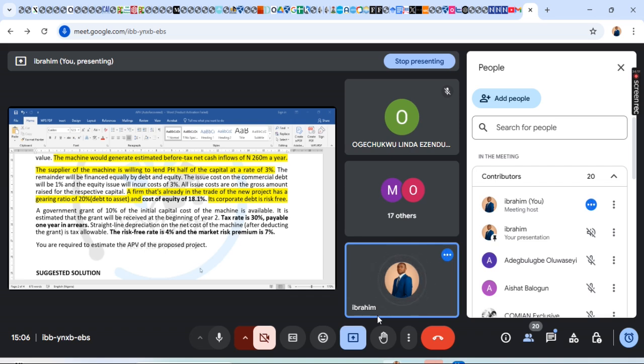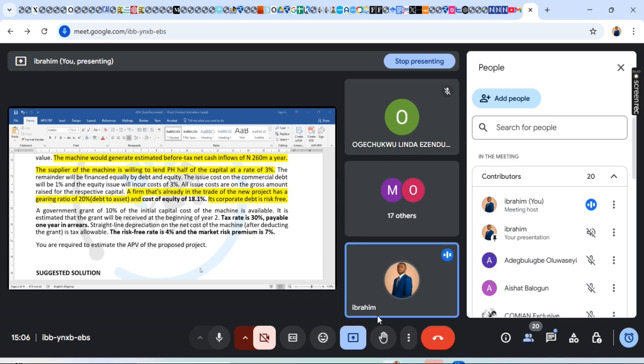And we were told that its corporate debt is risk-free, so risk-free is 4%. The commercial rate of all the companies operating similarly in that industry will be 4%, since risk-free is 4%.